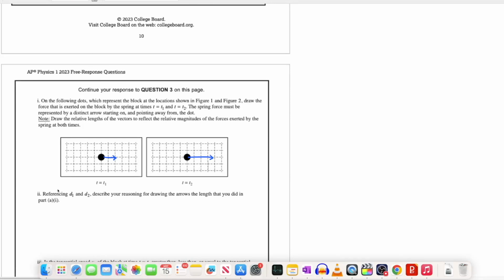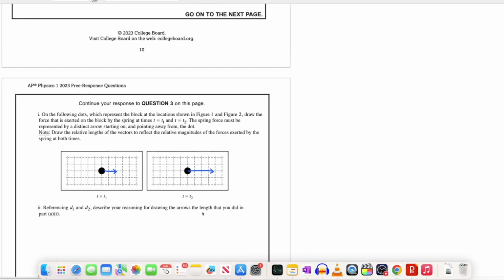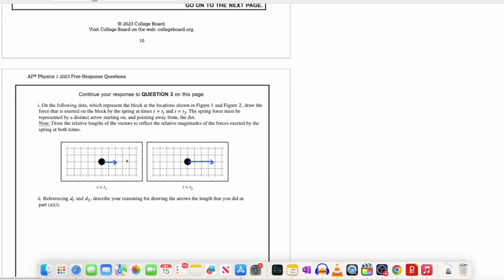Okay, number 2. Referencing d1 and d2, describe your reasoning for drawing the arrows the length that you did in part A1. So the reasoning is that for t1, the stretch of the spring, d1, is smaller than d2. d2 is the stretch of the spring at t2.